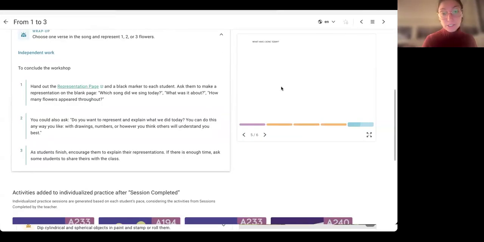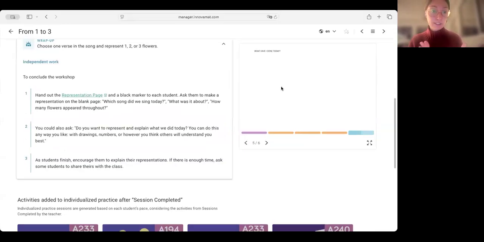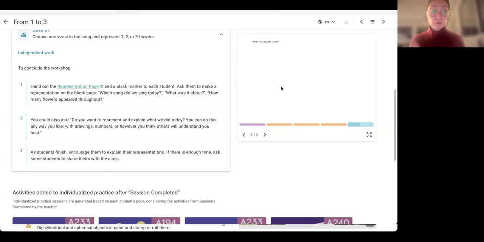The idea of a blank page, versus traditional worksheets or traditional student work that we're used to seeing in traditional workbooks, is that this is open-ended, right? This is an opportunity for you to ask your children or your students, after you've been doing some math activities together, can you represent what you learned today?